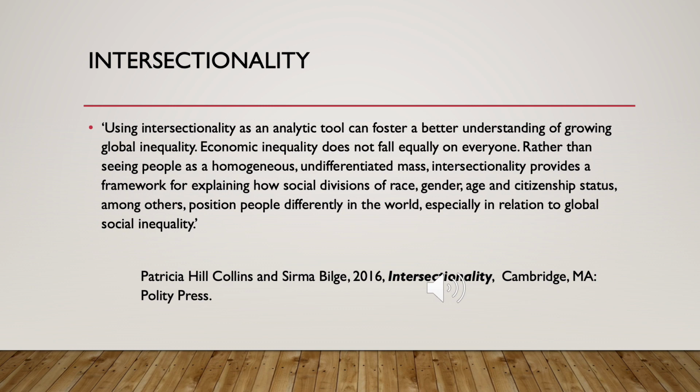Rather than seeing people as a homogeneous, undifferentiated mass, intersectionality provides a framework for explaining how social divisions of race, gender, age, and citizenship status, among others, position people differently in the world, especially in relation to global social inequality.